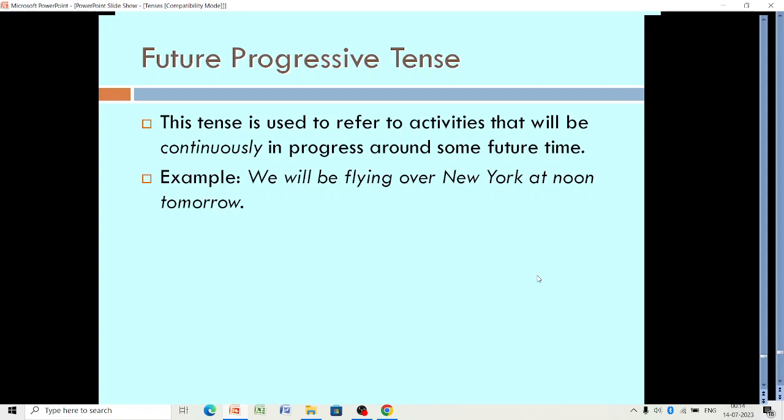And I'll be watching a new movie by this time tomorrow. So, will be plus verb plus ing. At a specific time in the future, an action will be going on; that is expressed through future continuous tense. So the form of future continuous is will be plus verb plus ing.